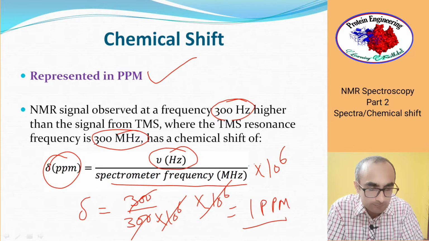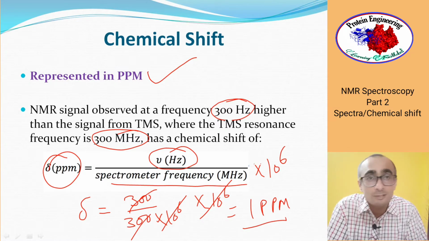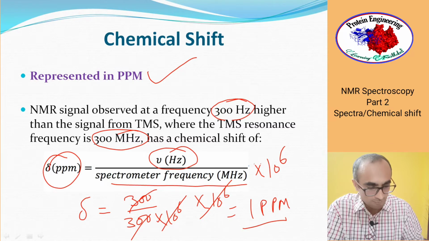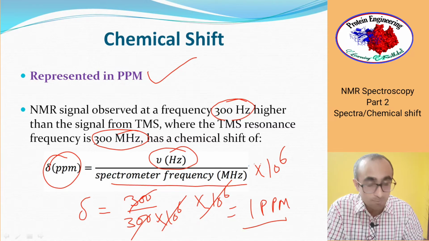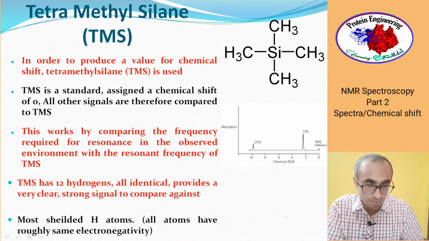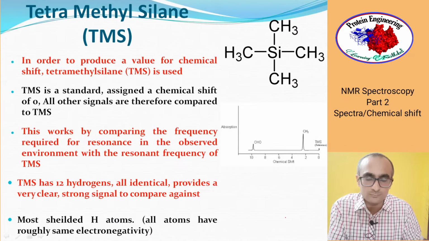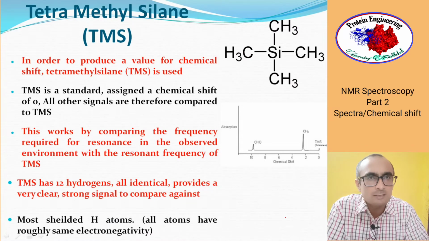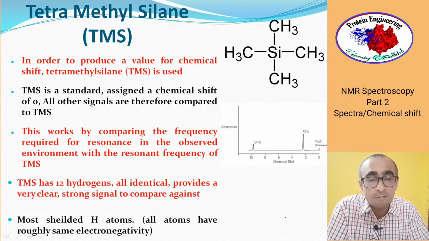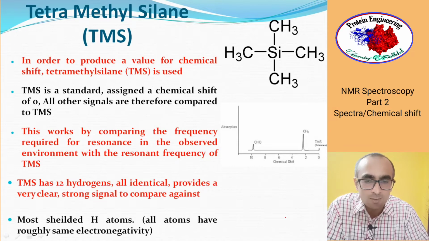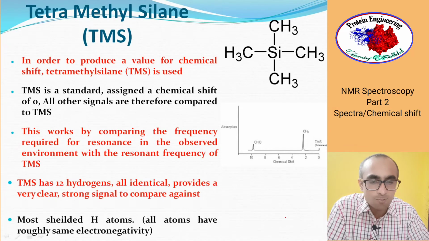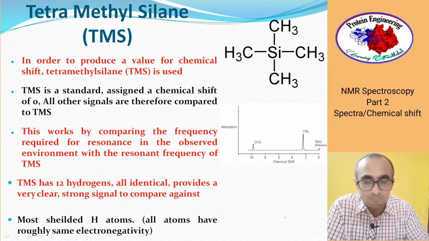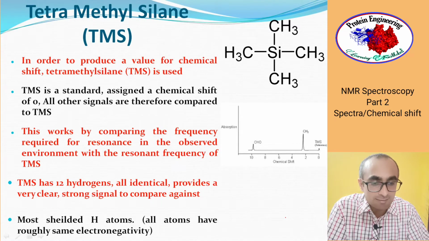So this ppm is always related to the reference compound. That's why you have a fixed value irrespective of whatever NMR spectrometer you use. Tetramethylsilane is a very commonly used reference compound in case of H1 NMR. In order to produce a value for chemical shift, TMS is used, and it's like a standard compound in the NMR spectrometer.